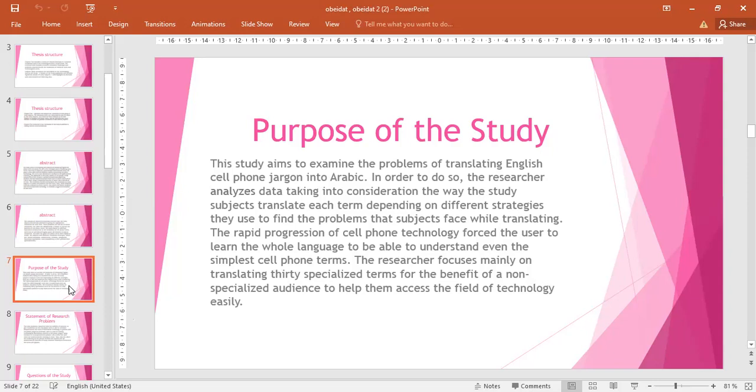The rapid progression of cell phone technology forced the user to learn the whole language to be able to understand even the simplest cell phone terms. The researcher focuses mainly on translating 30 specialized terms for the benefit of a non-specialized audience to help them access the field of technology easily.